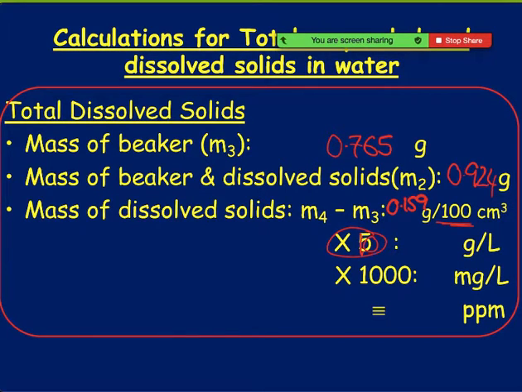So I have to multiply that by 10 to turn it into grams per litre. Is that right? Yes. Multiply that by 1,000: 1590 mgs per litre. So 1590 parts per million.